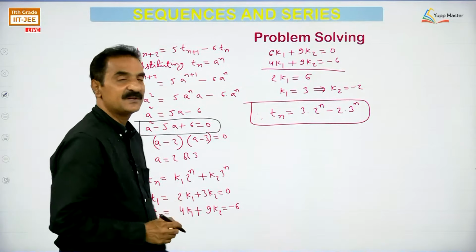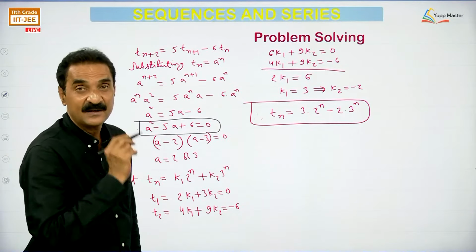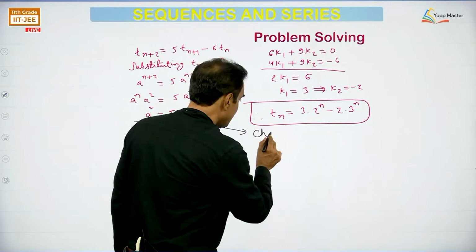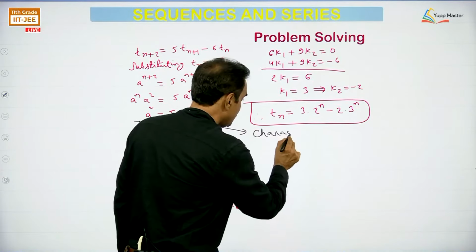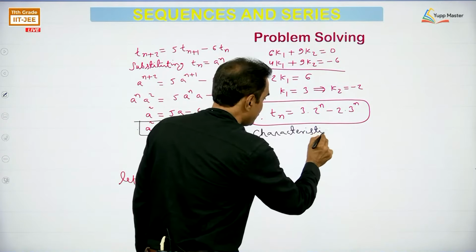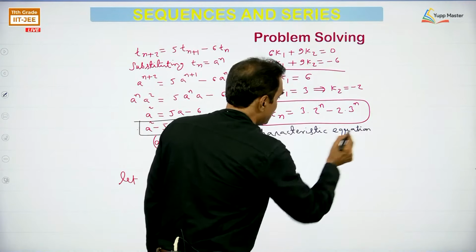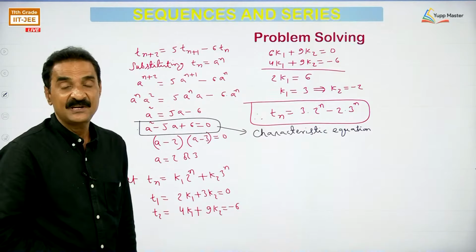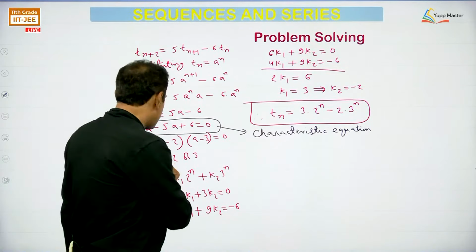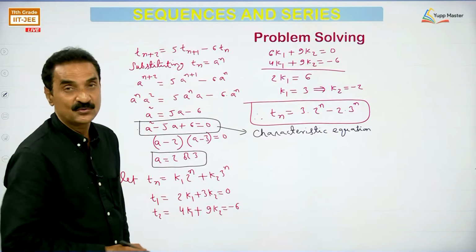This quadratic equation is called the characteristic equation of the recurrence relation. And the roots of the characteristic equation are called characteristic roots.